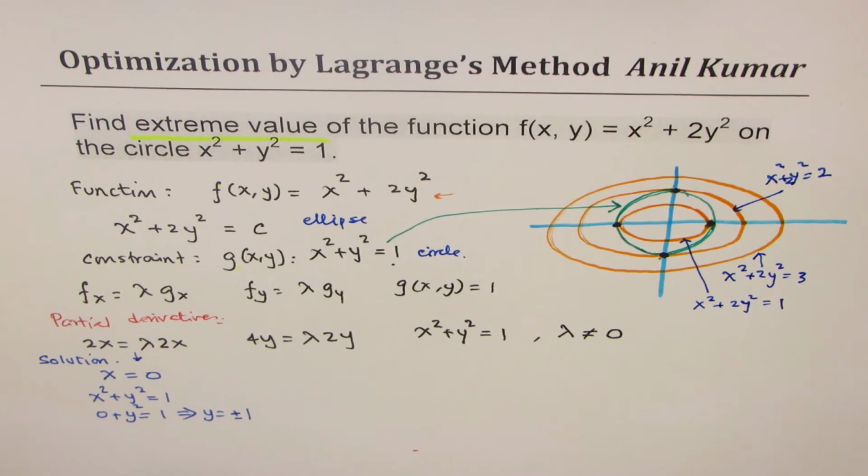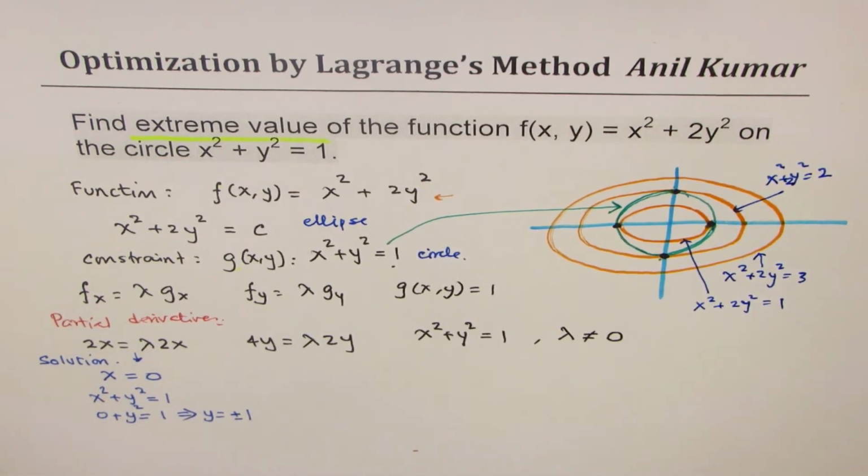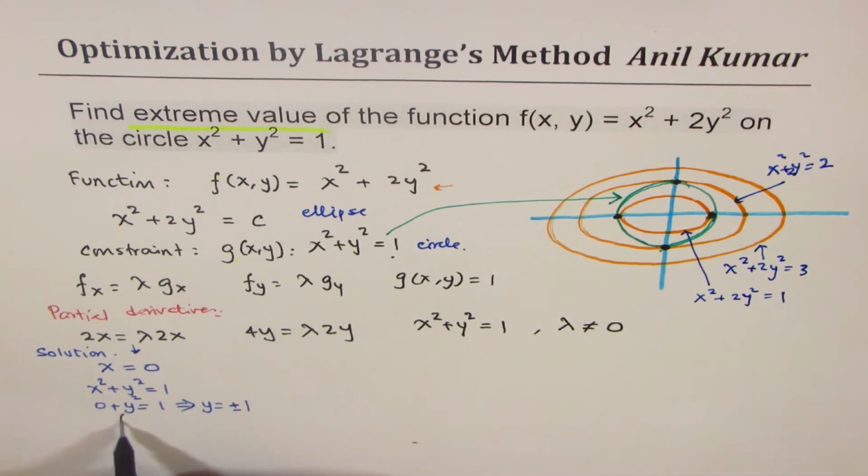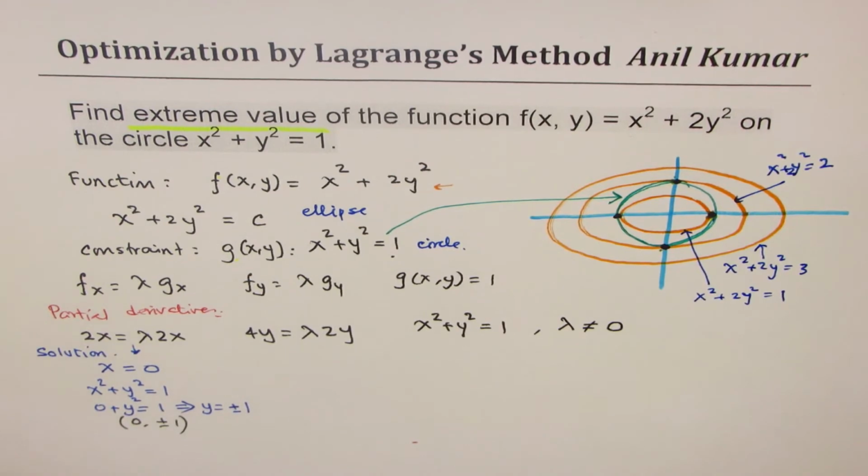Is it okay? So for this particular condition, we get 2 points, for x equals 0, y is plus minus 1. Do you get an idea?